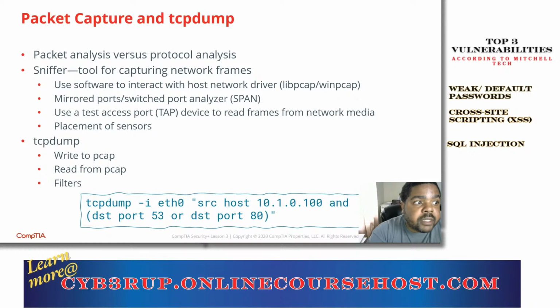Similar to an Nmap tool is your packet captures. Those types of tools sniff the network, and they capture all the packets going from one destination to another. The one that you'll probably see the most is Wireshark.